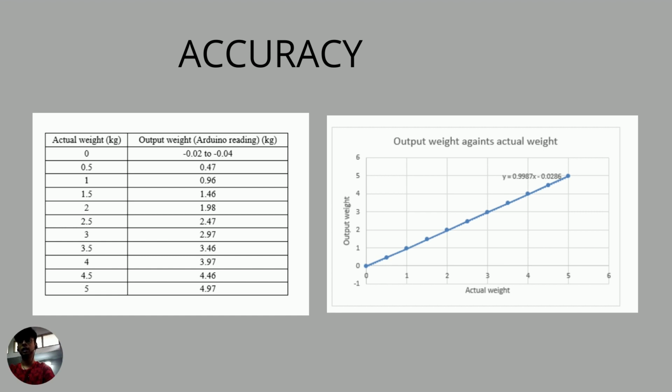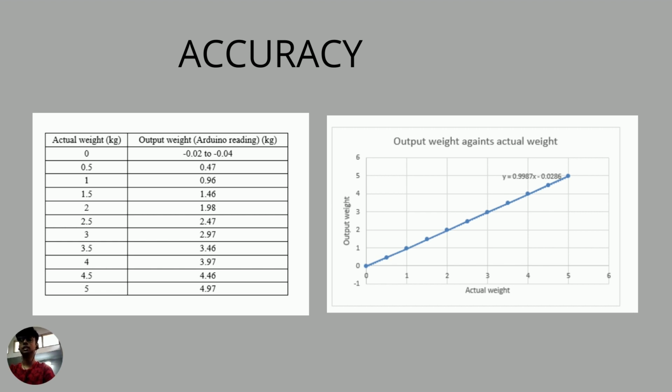As we see on the graph of output weight against actual weight, we obtain a linear graph with the equation y = 0.9987x - 0.0286, with a linear gradient almost approaching unity, and a y-intercept at negative 0.0286, which almost approaches the value of zero.